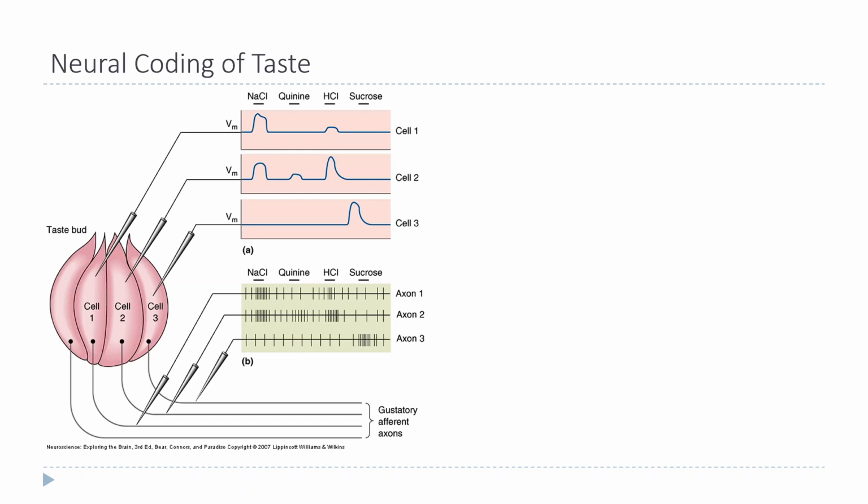Each sensory system has a different way of encoding the different properties of a stimulus. So with taste, probably the most important thing to encode is the modality, meaning the type of stimulus that is appearing to the tongue. So which flavor or which taste is the tongue actually detecting.